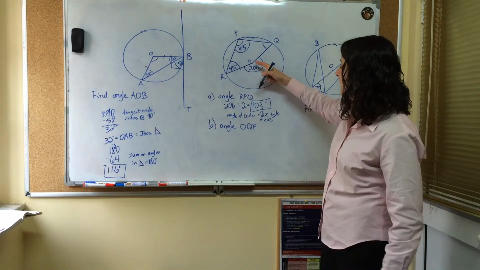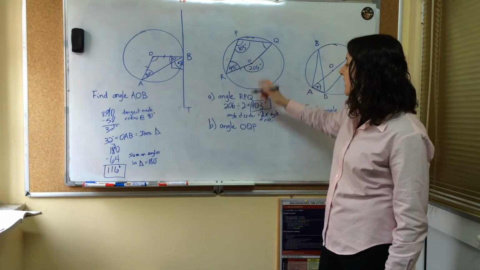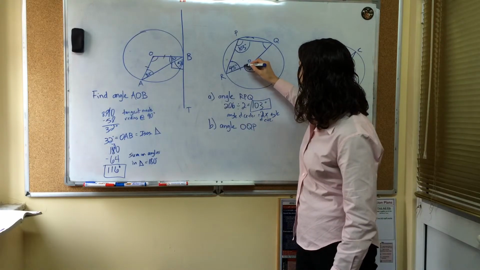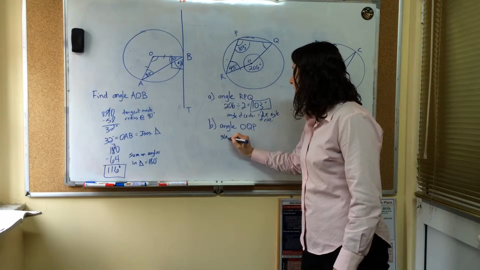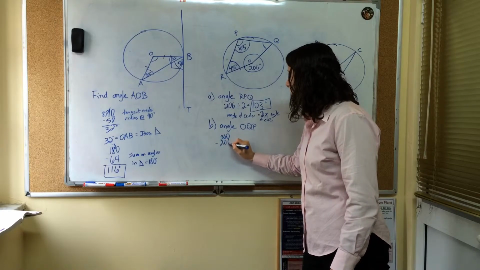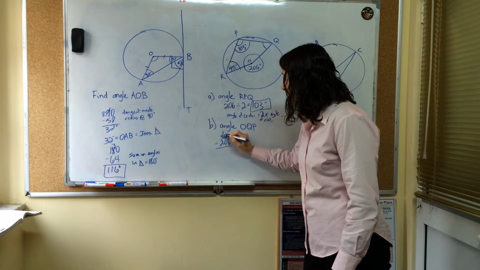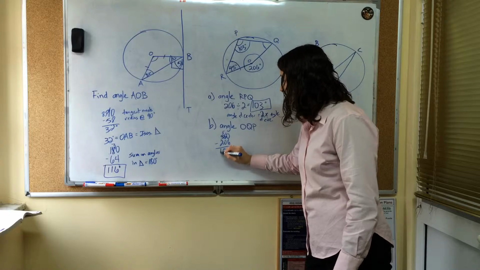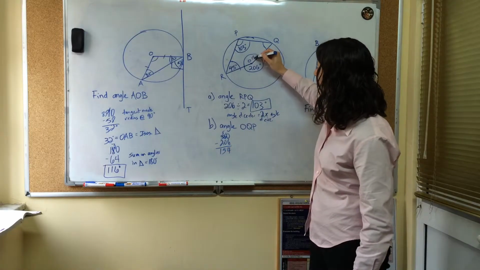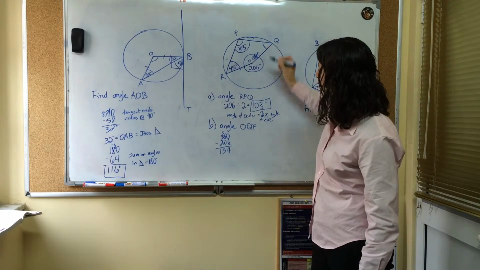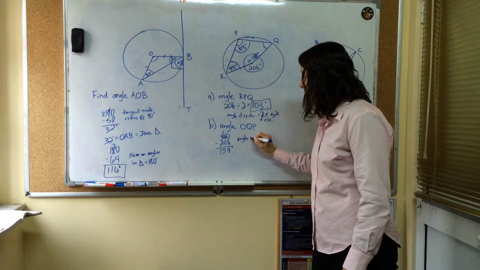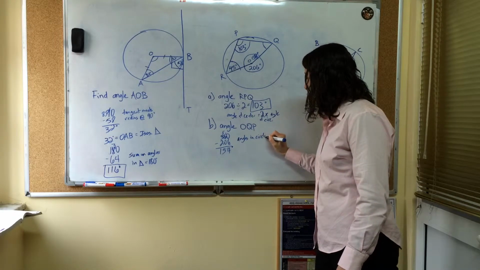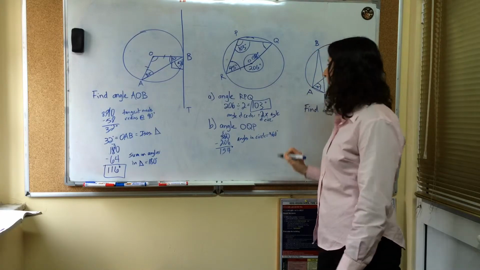Well, firstly we can figure out what this angle is because this complete circle has to be 360. So we can do 360 minus 206, and we come up with 154 degrees, because angles in a circle equal 360 degrees.